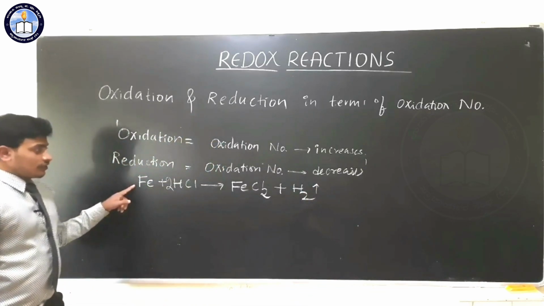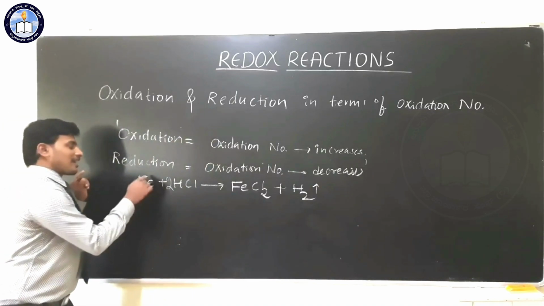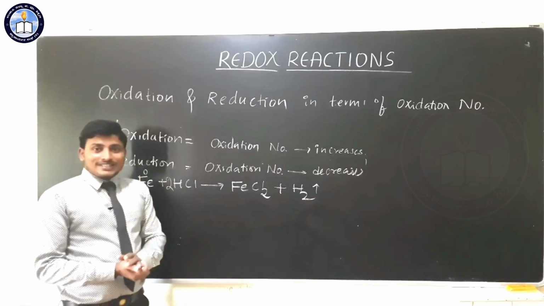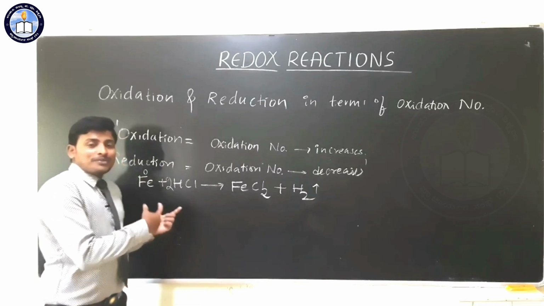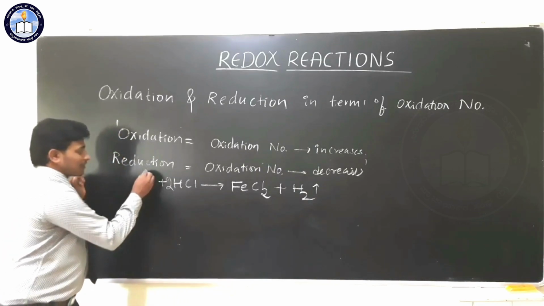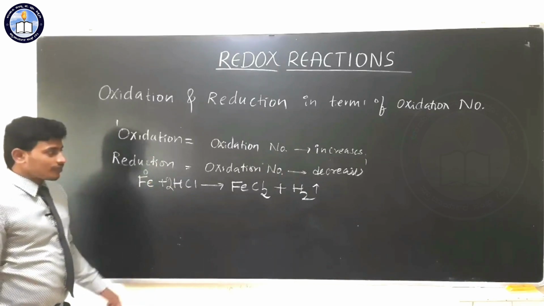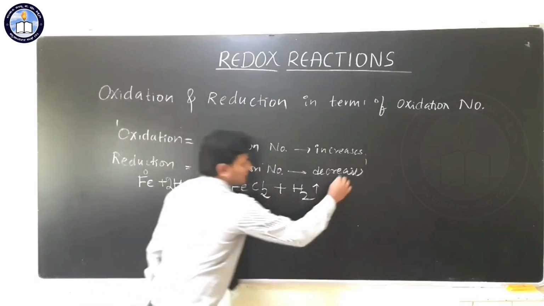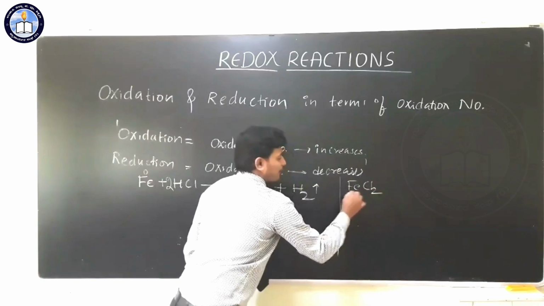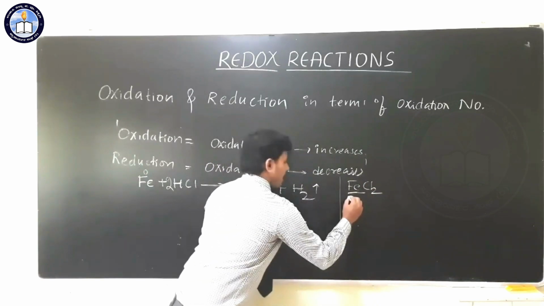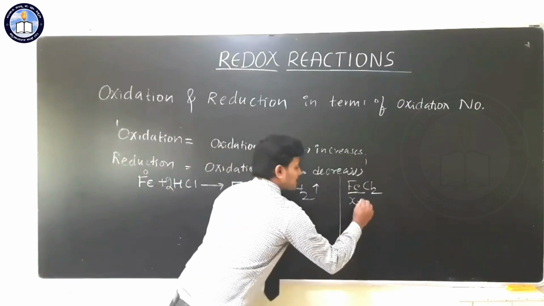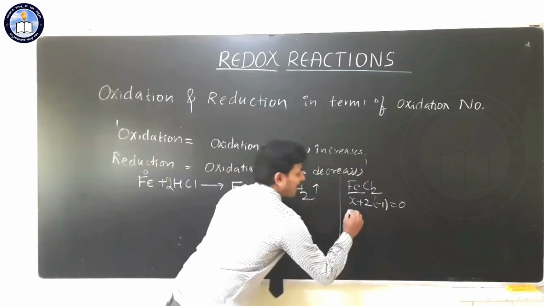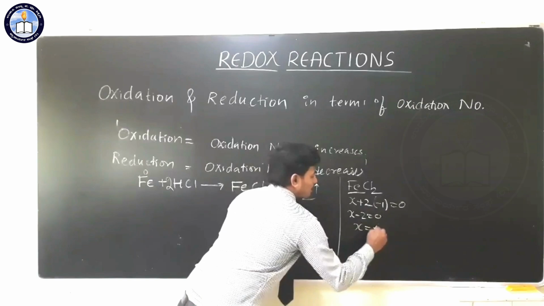If you see this carefully, the oxidation number of iron is 0. Why? Because rule number 1 says that an element in its elementary state has an oxidation number taken as 0. But for FeCl2, let Fe be x. x plus 2 times Cl, which is minus 1, equal to 0, then x minus 2 equal to 0, x equal to plus 2.